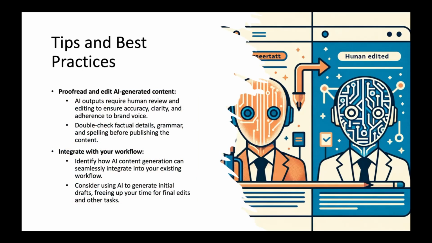So here are some tips and best practices. Firstly is proofread and edit AI generated content. Obviously that's clear. You don't want your flyers going out with errors in the image name or errors in the actual sales copy at the top. You want it to represent your business, and your grammar and all of the spellings should be accurate, because that is also an extension of your business.